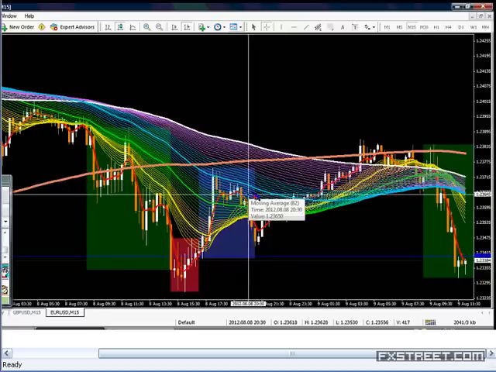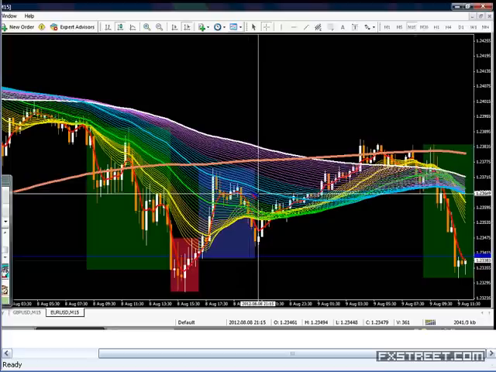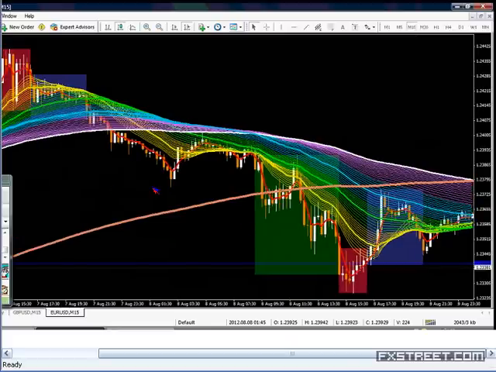Okay? And there is a certain pattern that I would like to point out, and how price action behaves in each of these boxes and outside the box as well.